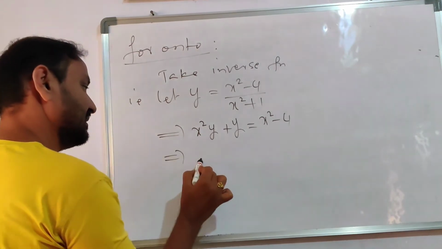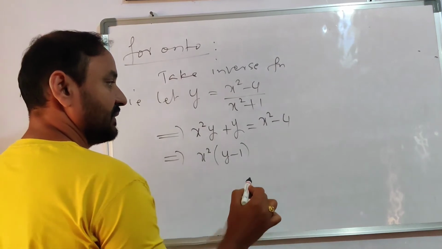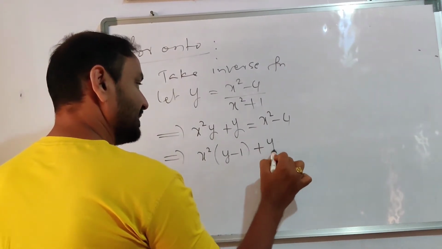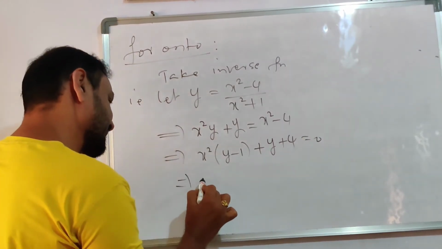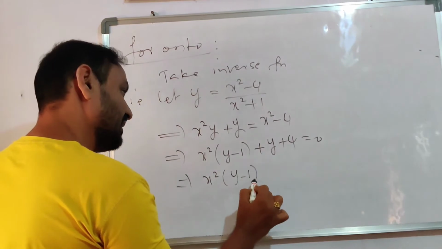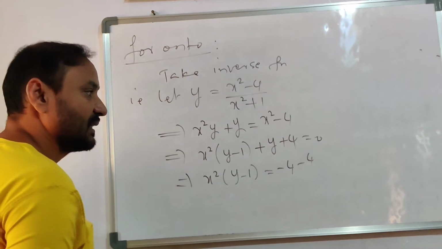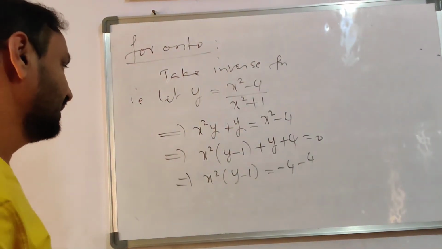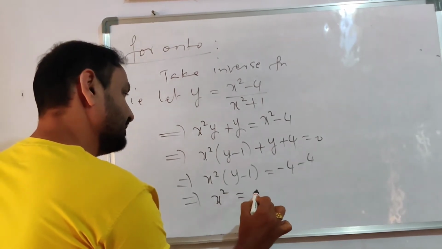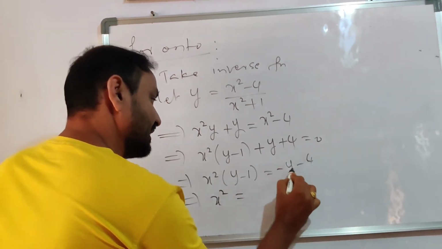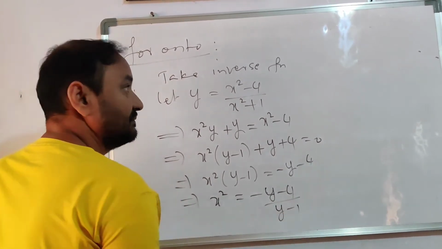That implies x²(y − 1) = −y − 4. So x² = (−y − 4)/(y − 1).